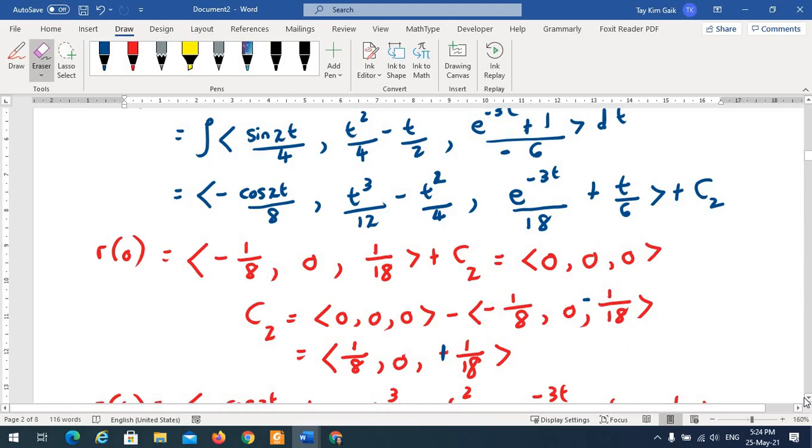C2 is a zero vector minus negative 1 over 8 i, minus 1 over 18 k. So C2 is positive 1 over 8 i, 0j, and component k is negative 1 over 18.